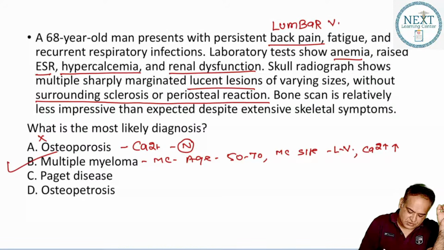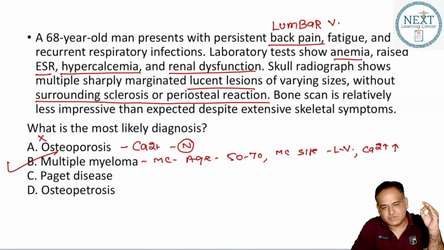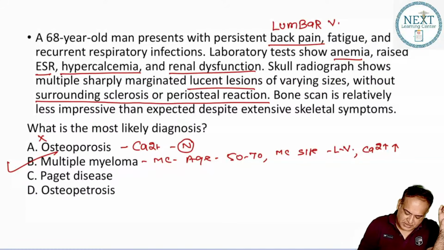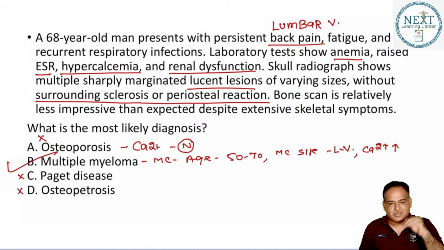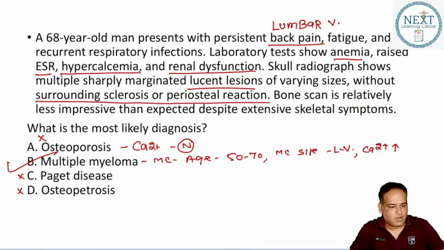So it fits all the description. Multiple myeloma is the answer. Paget disease, calcium levels normal. Osteopetrosis, calcium levels normal.